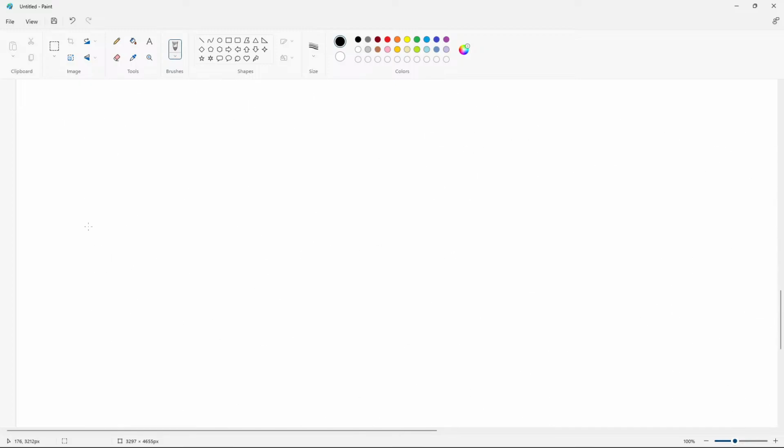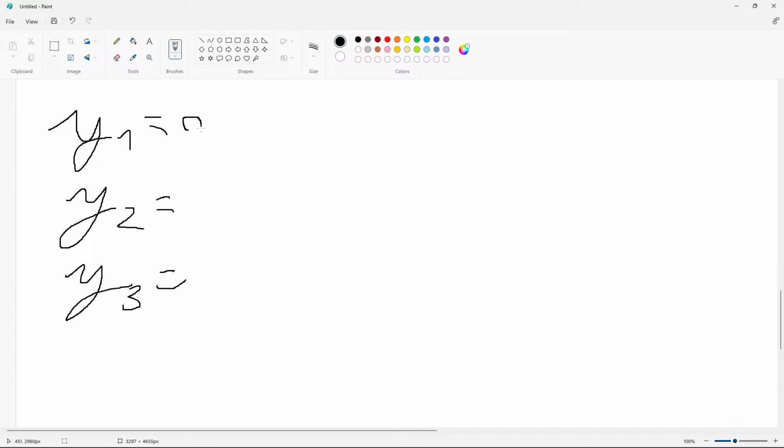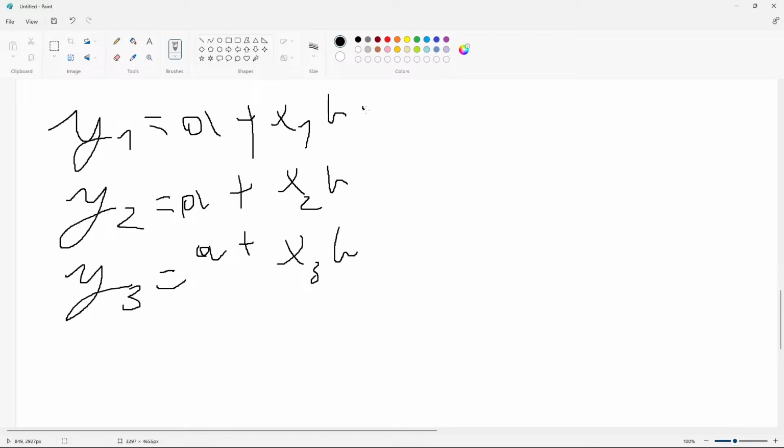So, this time we have three equations. y1, y2 and y3, which are all equal respectively to a plus x1b, x2b, x3b plus x1 squared c, x2 squared c, and x3 squared c.